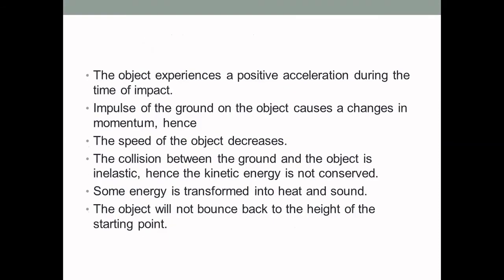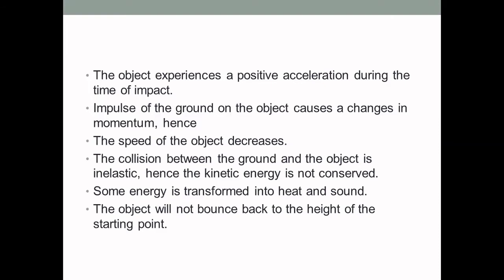The object experiences a positive acceleration during the time of impact. The impulse of the ground on the object causes a change in momentum, which means the speed of the object changes and decreases. The collision between the ground and the object is inelastic, hence the kinetic energy is not conserved.